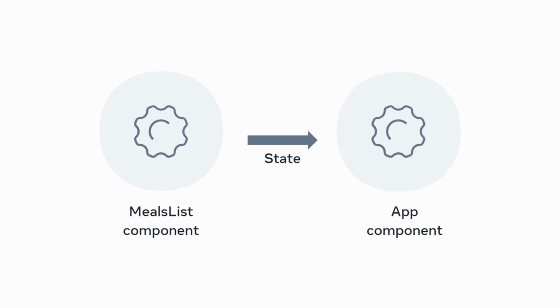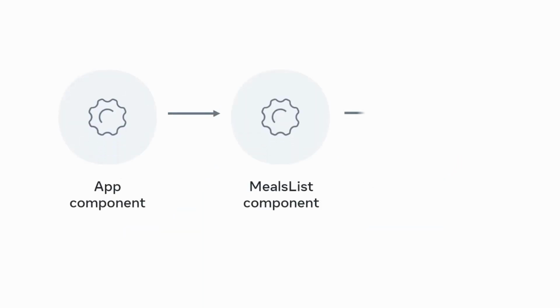Then you can pass state through props using the meals list component as a sort of bridge to the meal item component. And then you just have to count the data available in the counter component. The state has now moved up to the app component, and my meals list component becomes a conduit for the state data to be passed to its destination, the meal item component.